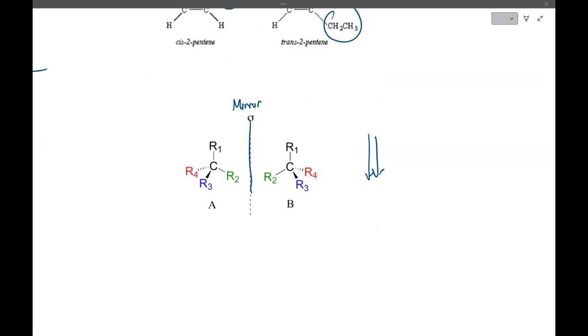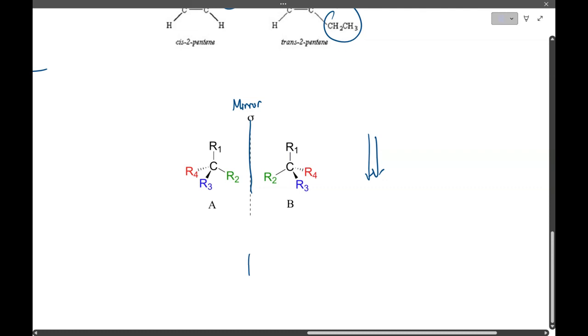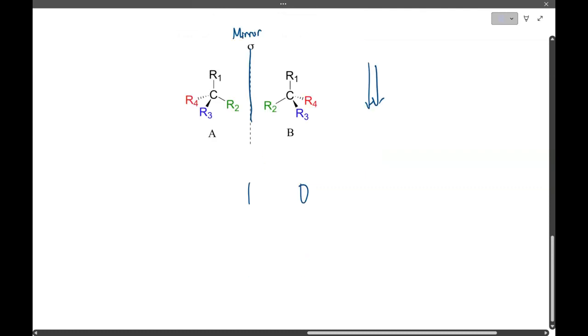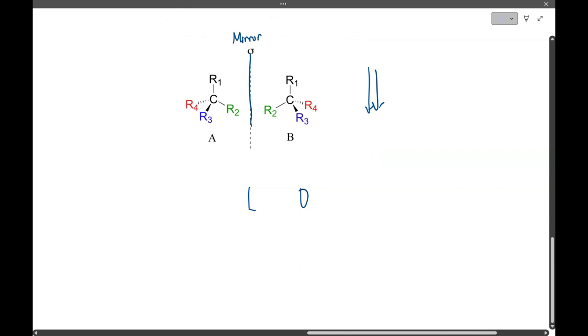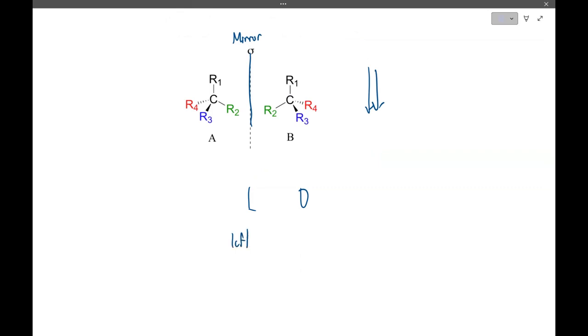So you have L and D isomers. L isomers rotate light left, and D isomers rotate light right.